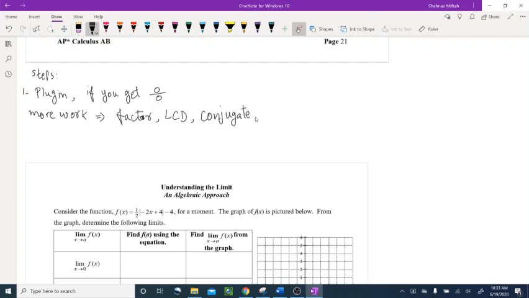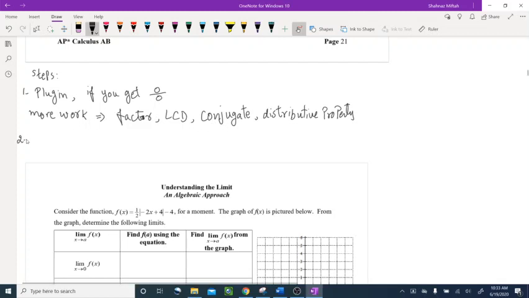Use distributive property if there is something like FOIL, remember the FOIL. So I'm just going to write distributive property. Okay, all this more work you only need if you have 0 over 0 by direct substitution.